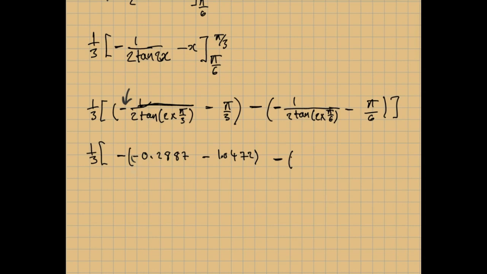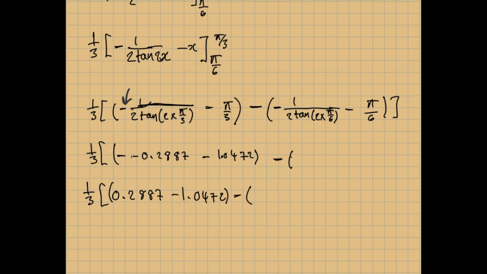So the negative is not inside the bracket that affects everything, it's just affecting the first term. So it becomes 1/3 of minus becomes plus 0.2887 minus 1.0472, okay?